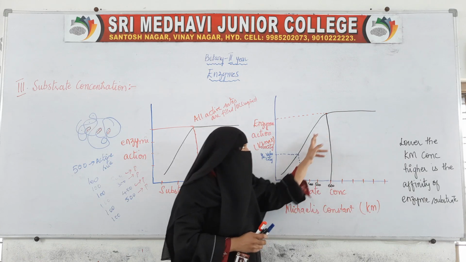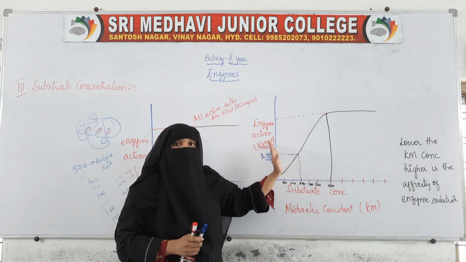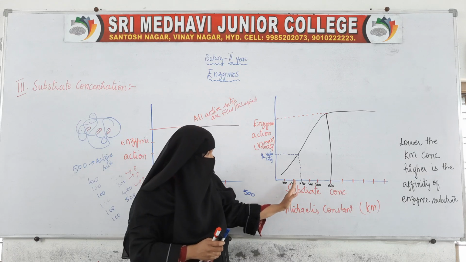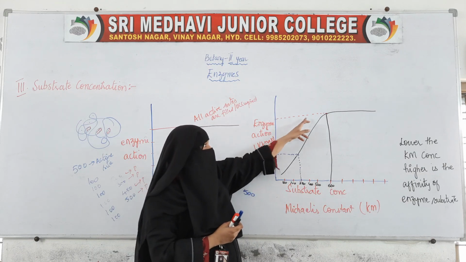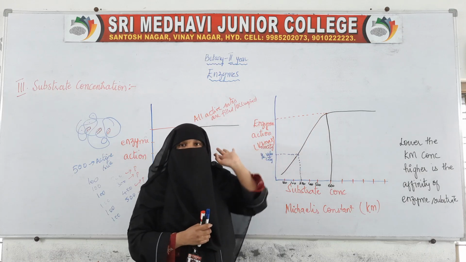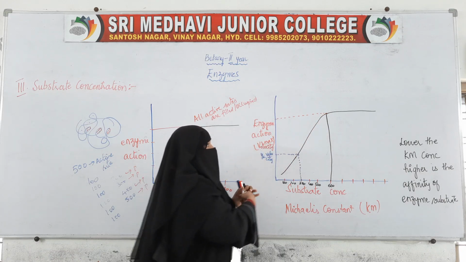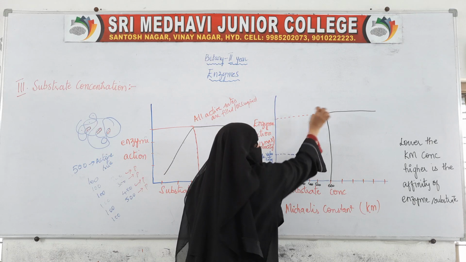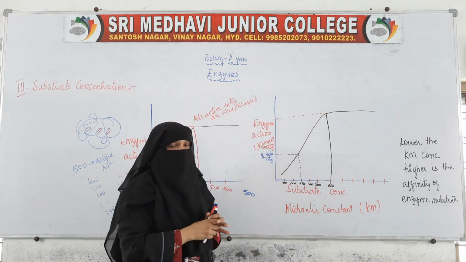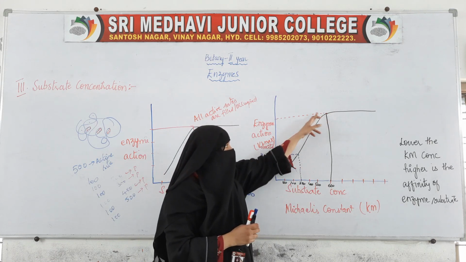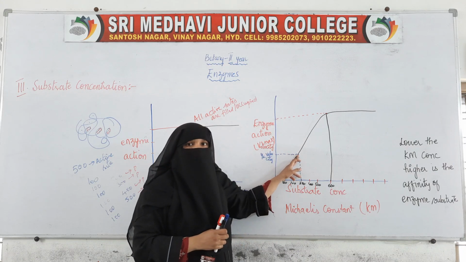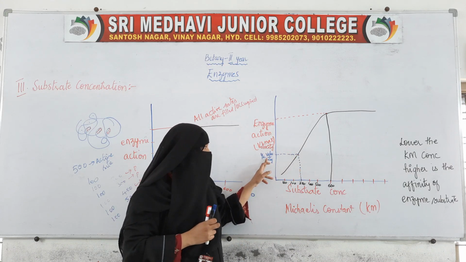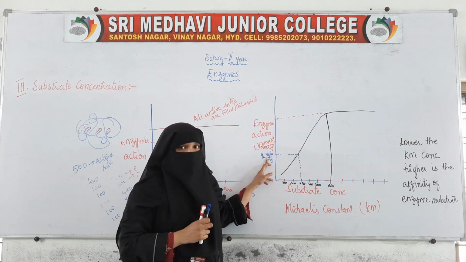The Michaelis constant is nothing but the substrate concentration at which half of the maximum enzyme action is taking place. So this half velocity is called the Michaelis constant.